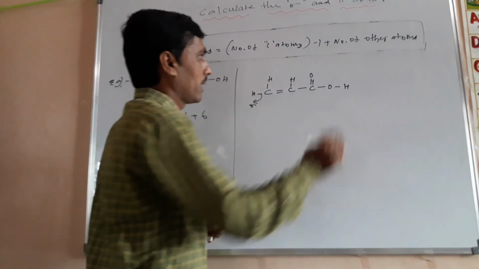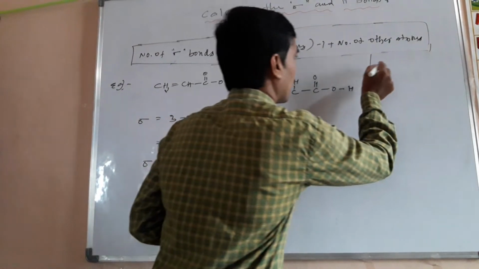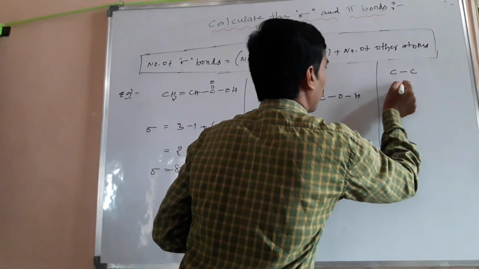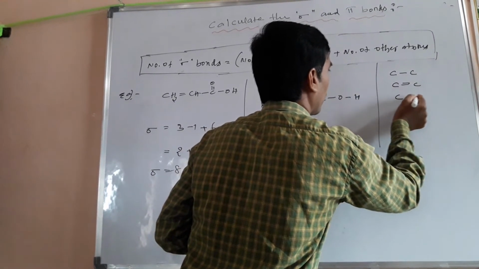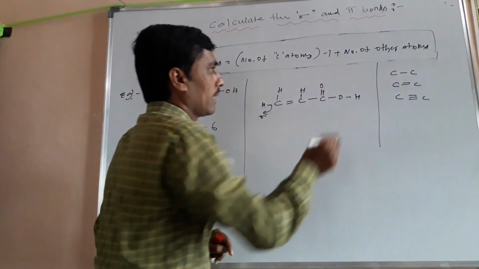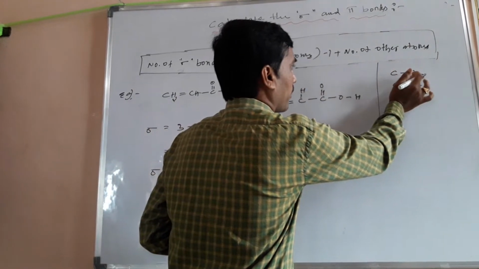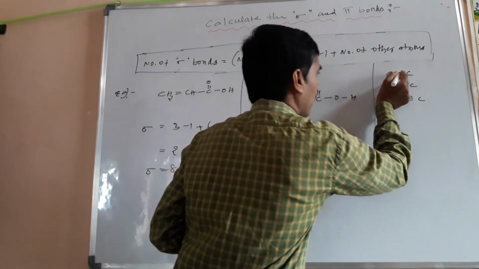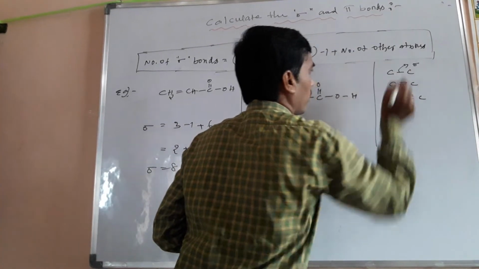How can we find that easily? For a C-C single bond, a C=C double bond, or a C≡C triple bond: carbon having one bond, that one bond is called a sigma bond.